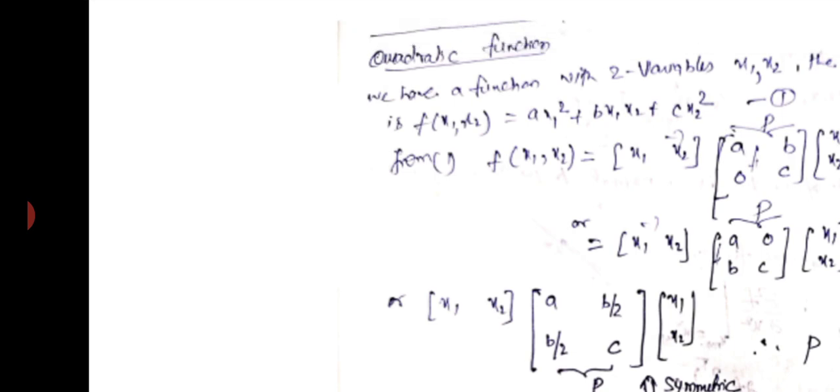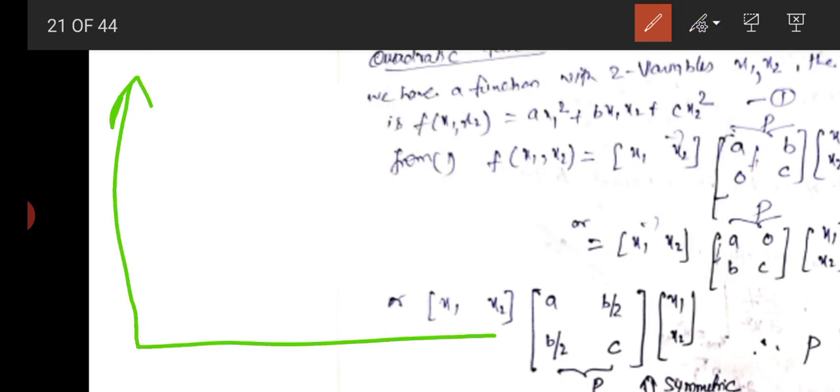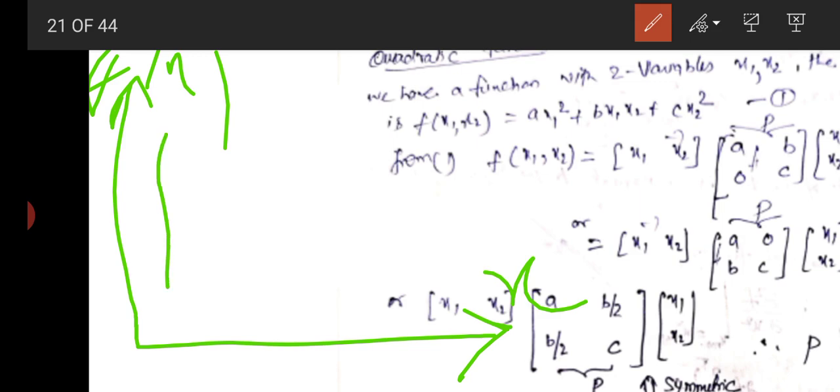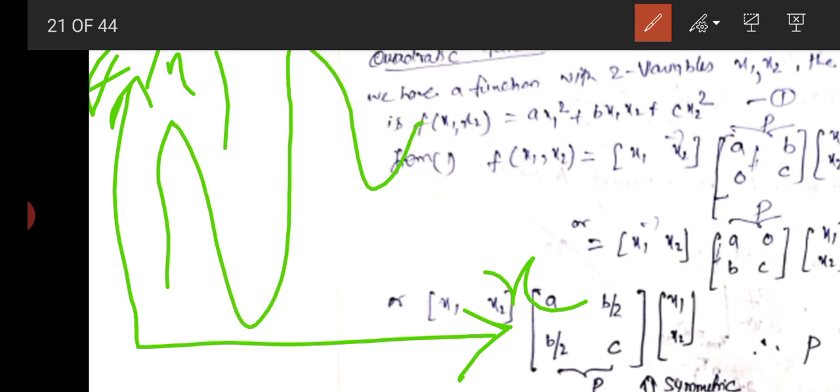Now come to what you understand by global maxima or global minima. I'm drawing a picture so that you can understand it. Let's say this is f(x) on the y-axis and x on the x-axis. I have drawn a function curve like this.